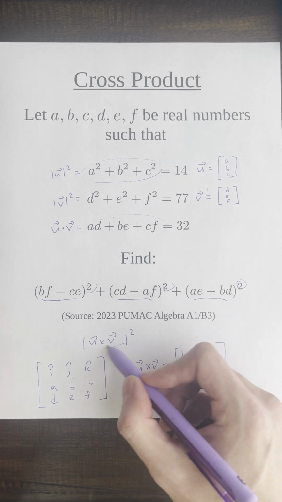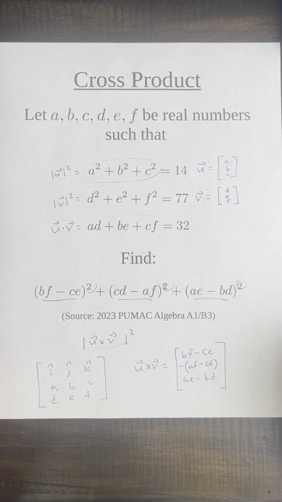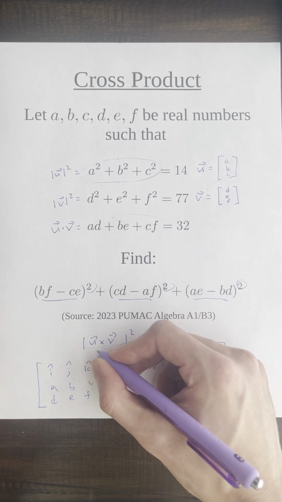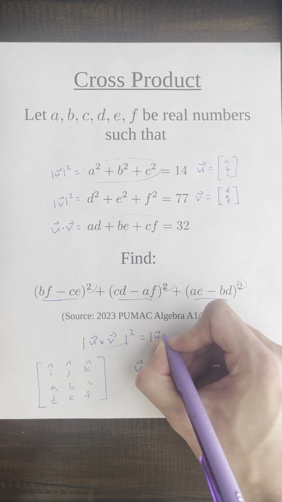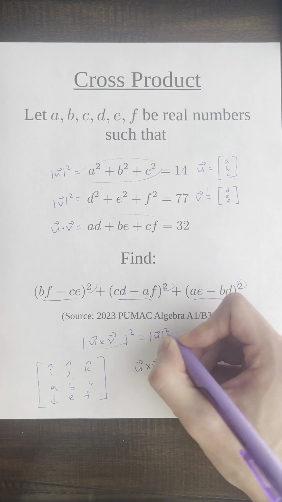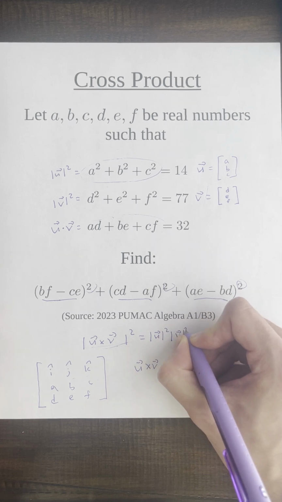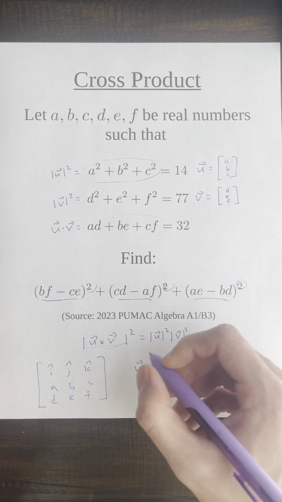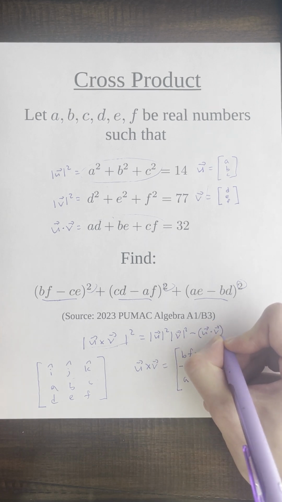So how do we find this? Can we use the information that they gave us? Well, yes, there's an identity for this. It's going to be norm squared of vector u times norm squared of vector v minus dot product squared.